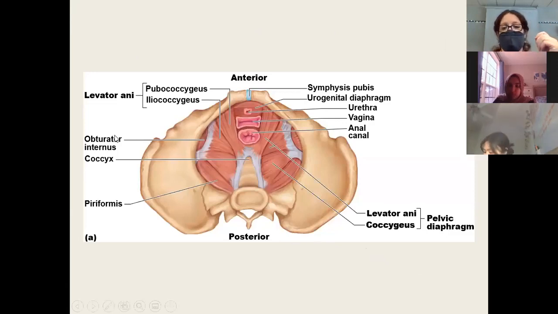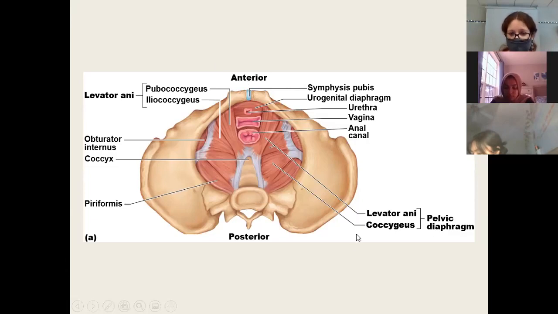So here's what the pelvic diaphragm looks like. It is a lot of different muscles, and they're all kind of holding you together. So we're back here. Here's the spine, right? And here is the interior. There's that pubic symphysis, which allows a little bit of flexibility between the pubic bones. And then here is your pelvic floor.